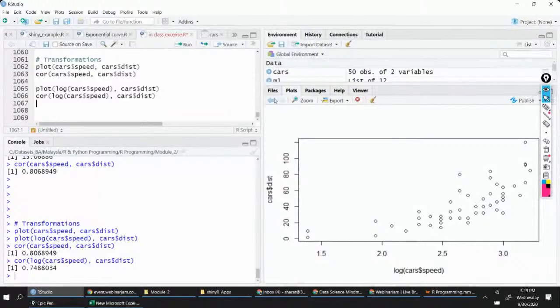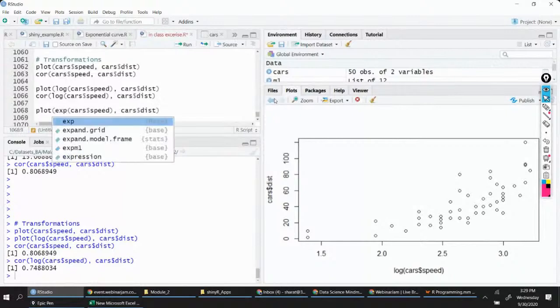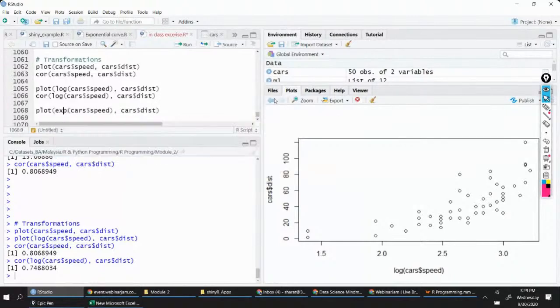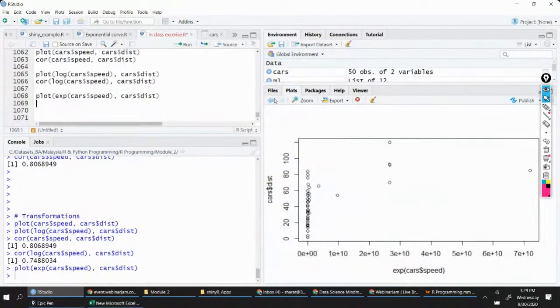It has not increased, but it reduced. So not a good correlation. Can I apply exponential here? I have applied log, but let's see if I apply exponential, what happens? Pathetic, right? This is very, very bad.